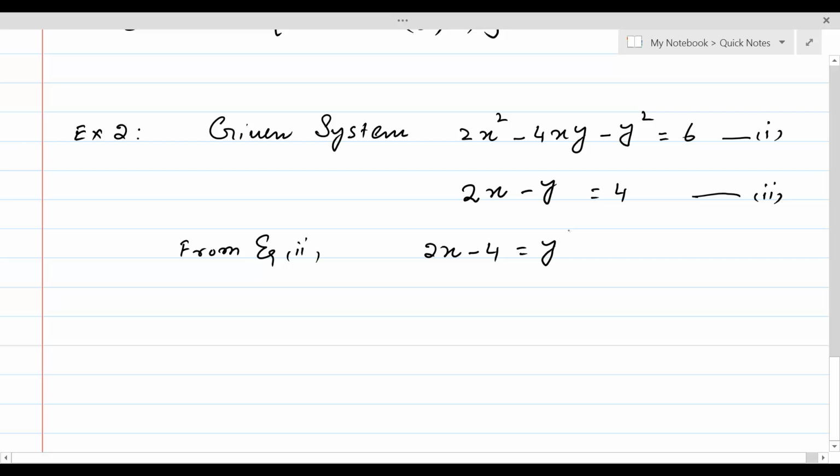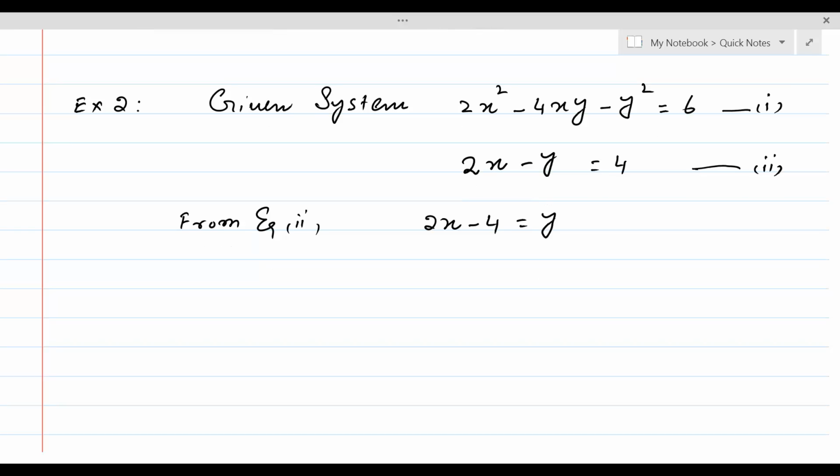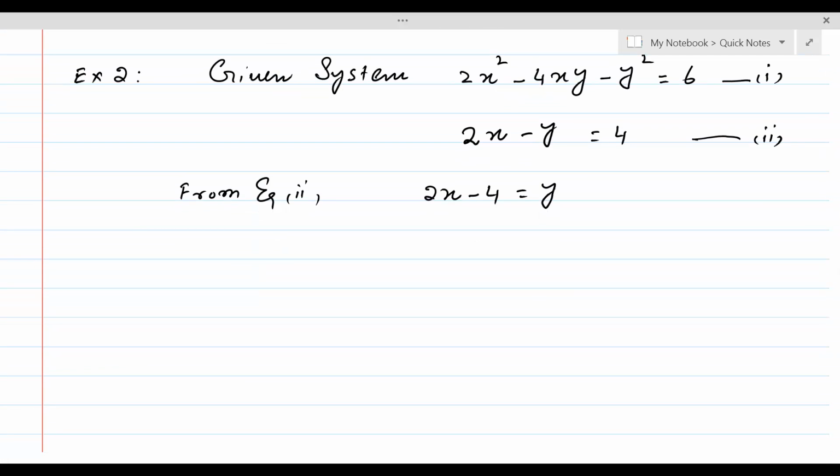The reason is that if we find the value for x, that will give us fractions and that will just make our job a little difficult. So just go with the variable whose value involves only integers.